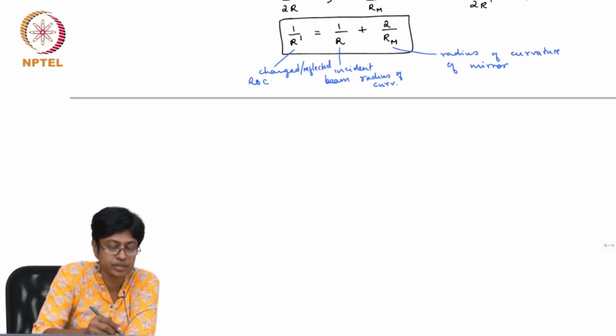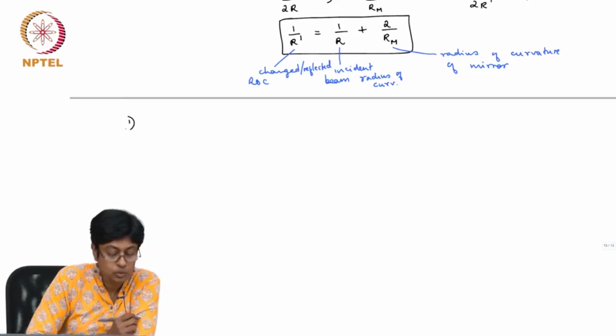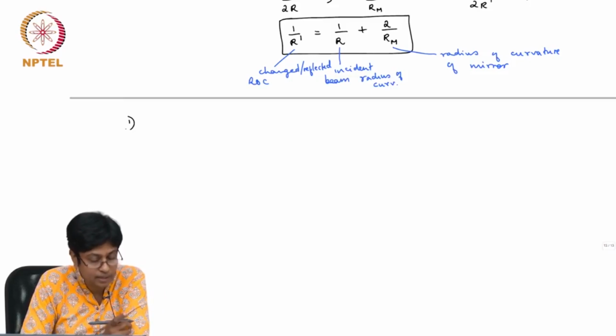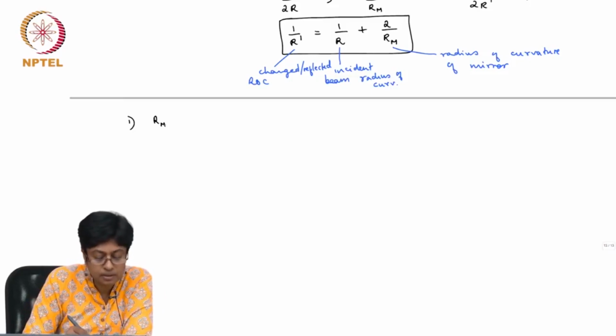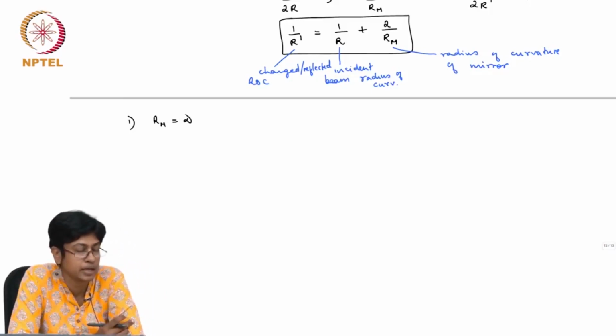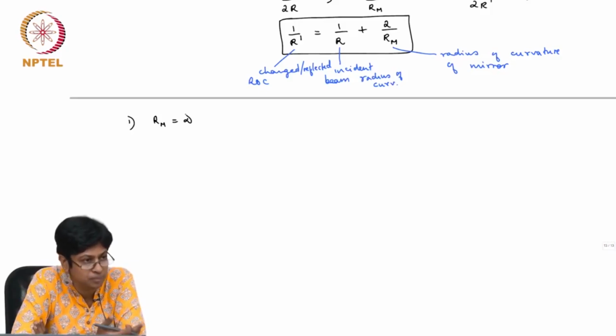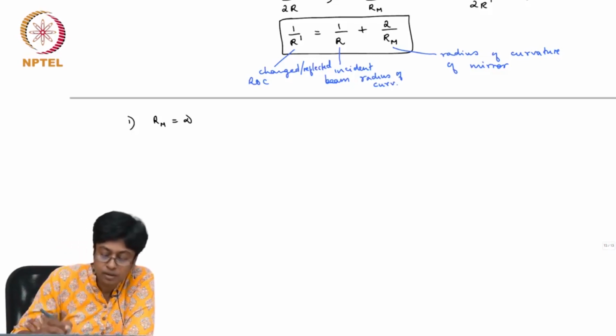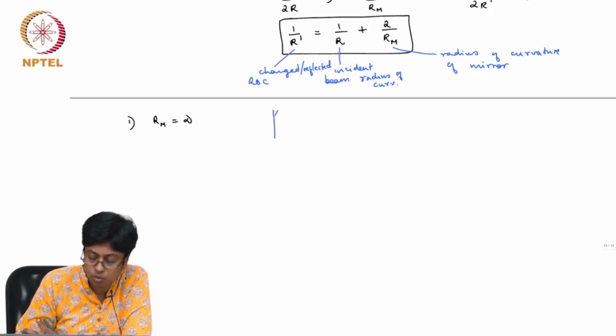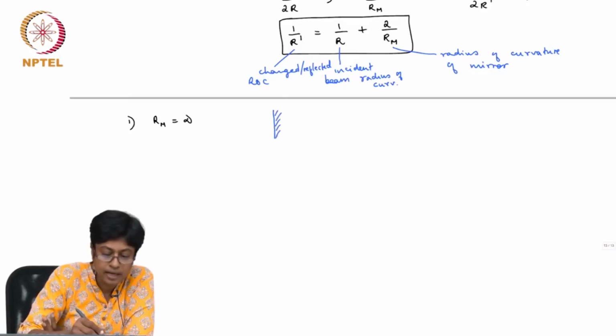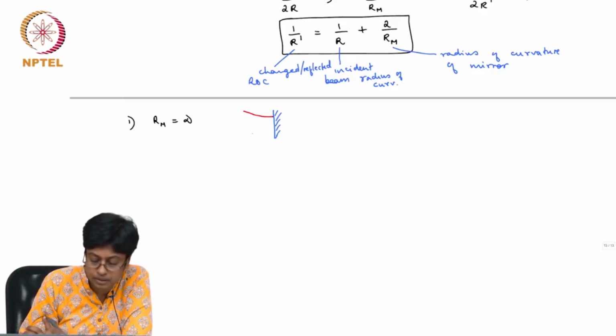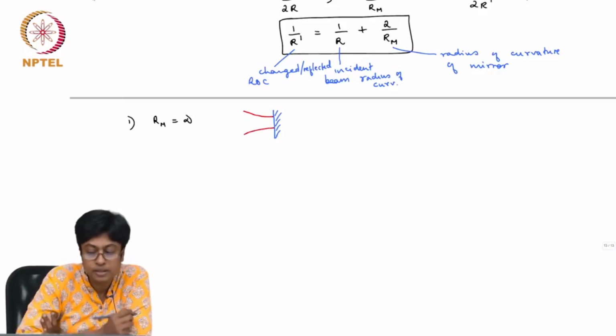Let's look at three different cases. Let's take the case where the mirror has a radius of curvature R_m equal to infinity. What kind of mirror are we talking about then? We're talking about a planar mirror. If I have a mirror that has no curvature and a Gaussian beam incident on it, what does that mean?